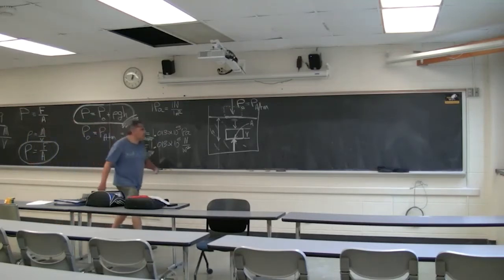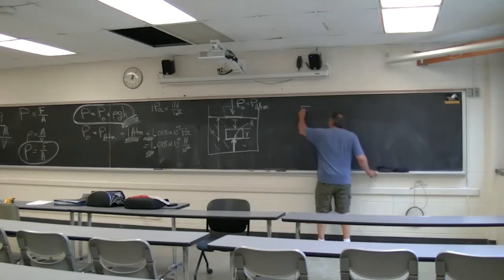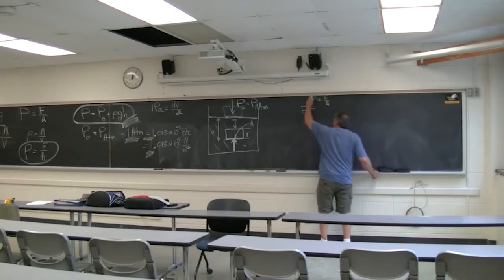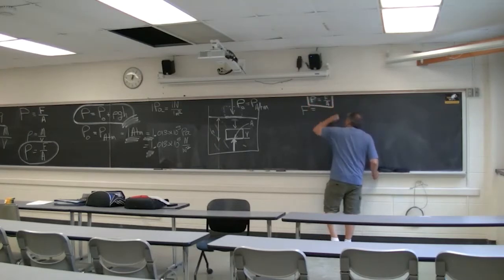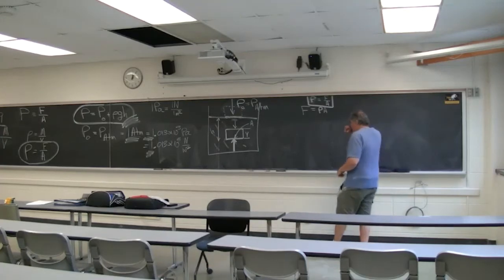If P equals F over A, then F equals PA. That's P, not rho.